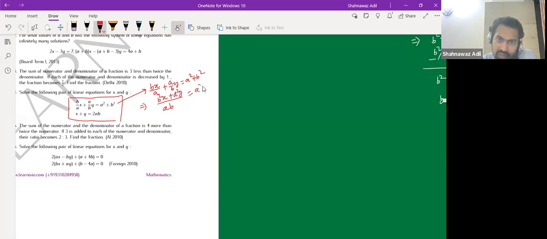So this is a square plus b square. And then this ab goes in the right hand side. So what do we have? We have b square x plus a square y, and this is ab into a square plus b square. So this is b square x plus a square y and ab(a square plus b square).